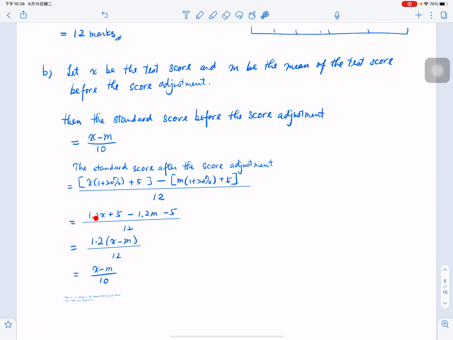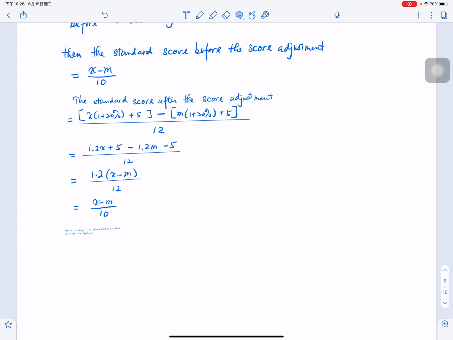So 12, (1.2x plus 5 minus 1.2m minus 5) divided by 12. So pick up the common factor 1.2 and you'll find that it is (x minus m) over 10, the same as the standard score before the score adjustment.